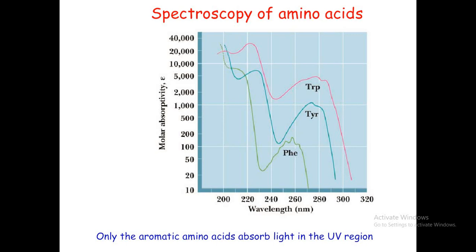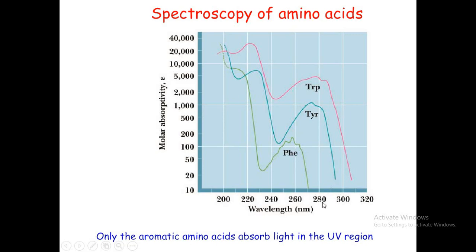We analyze it under spectroscopy, an instrument that identifies all those proteins that have these aromatic amino acids. So what will happen when we analyze this sample under spectroscopy? Protein A, which contains a higher percentage of these aromatic amino acids, would be found to absorb UV light at 280 nanometers.